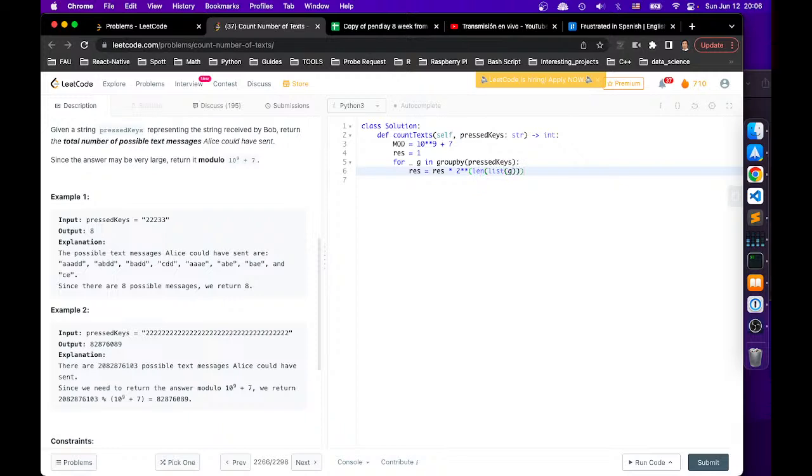That's the length, and minus 1. So 2 to this power times this, and the whole thing mod, and we're going to return res. Let's check.